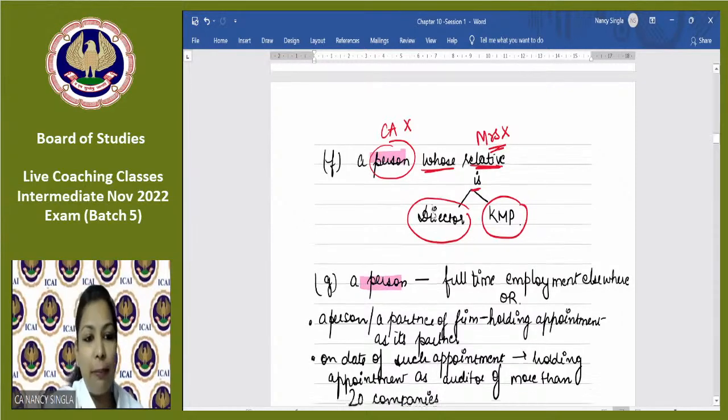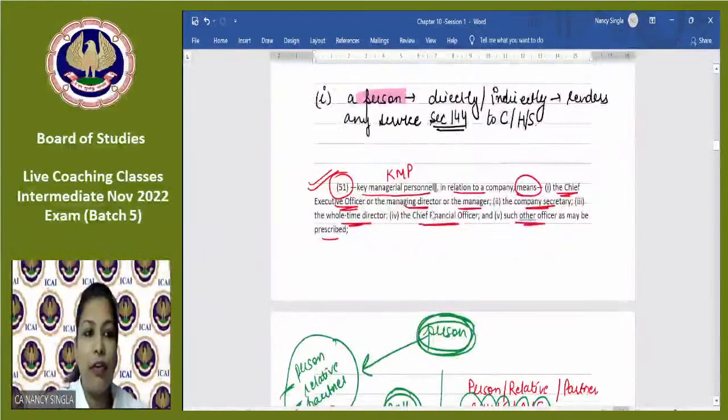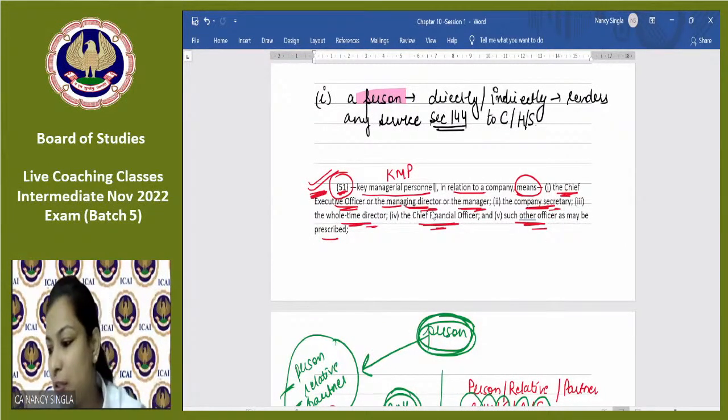Now what is KMP? Let us just have a look. So clause 51 of section 2 defines KMP. That is, KMP can be what? CEO of the company, MD of the company or manager, company secretary, whole-time director, CFO, or such other person as may be prescribed.